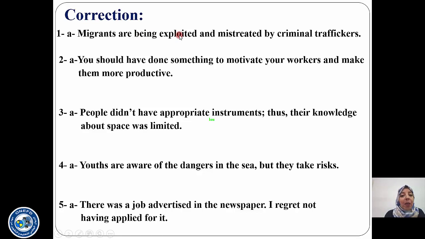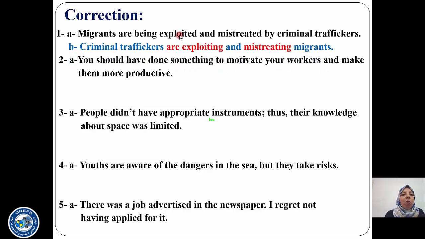That's why I have to use the same tense in the active sentence, starting with criminal traffickers are exploiting. So how did I get this form? From the same form as the auxiliary to be, are being, so are exploiting. Of course, you need to pay attention to your subject. If it is plural, you keep are, and if it is singular, you have to change it into is or am, depending on the subject given, of course.